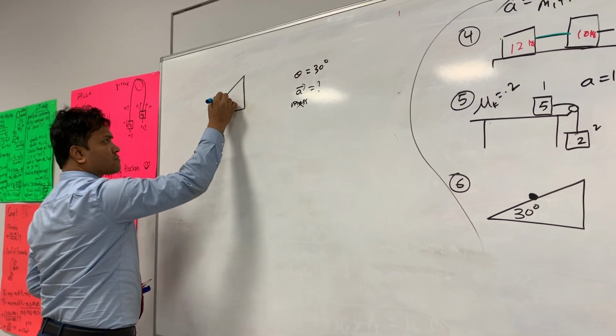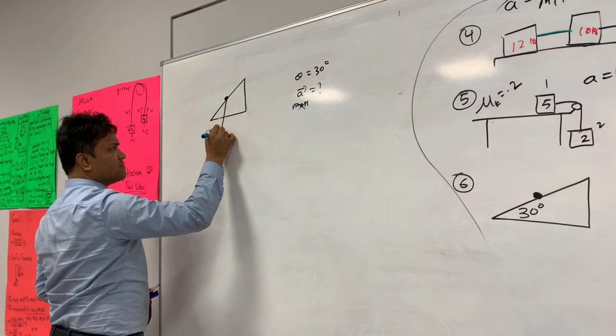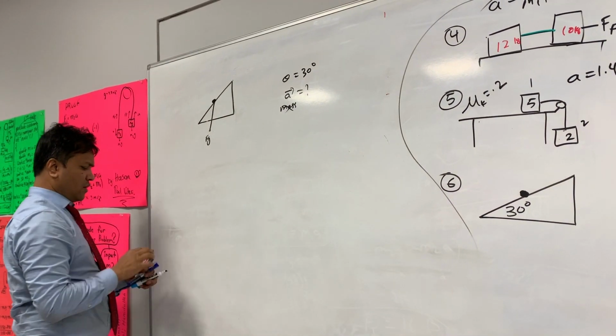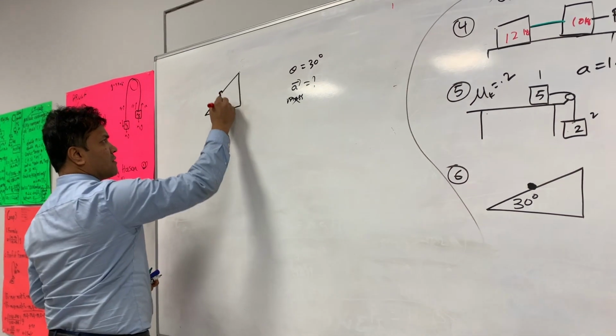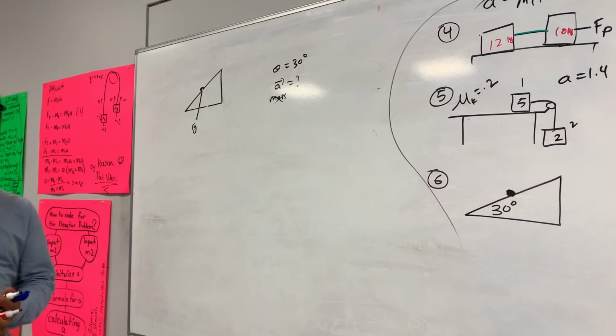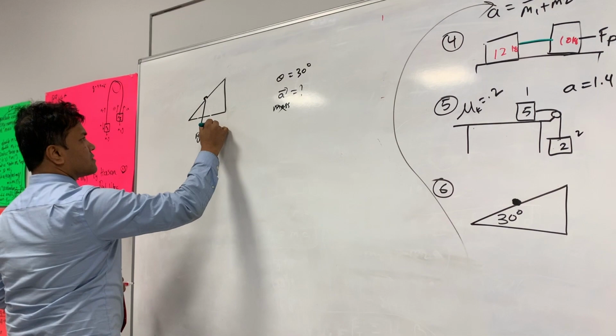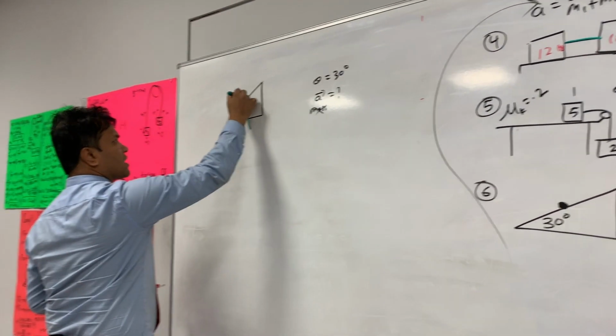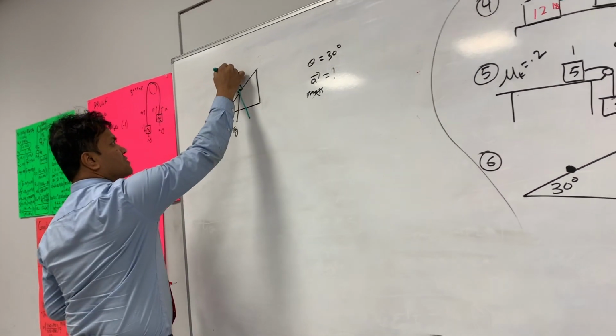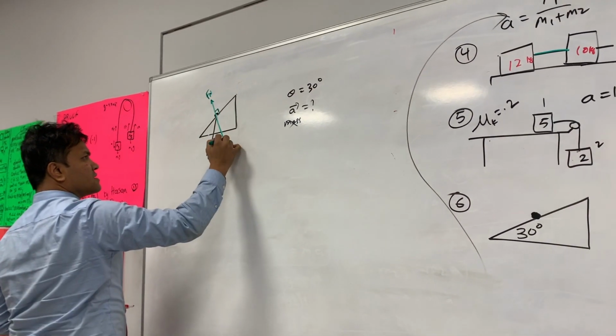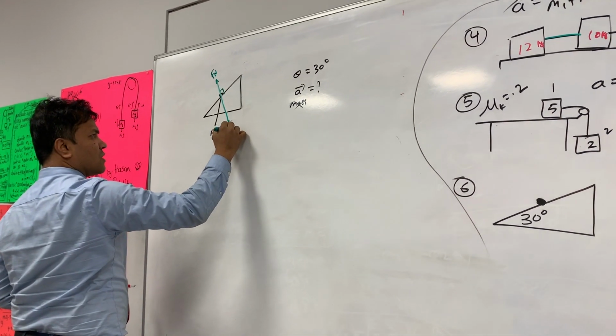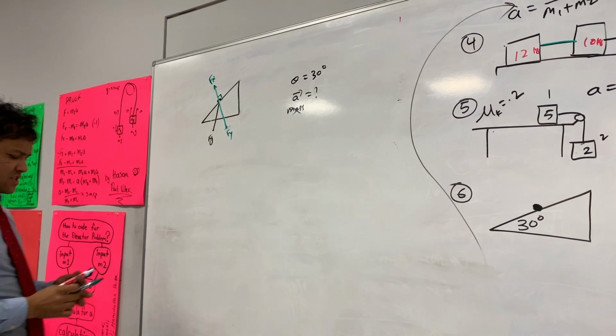So this is gravity, Fg. Now we want to put the y component, which is perpendicular. So this is Fn, this is Fy. Now we're going to put the x component.